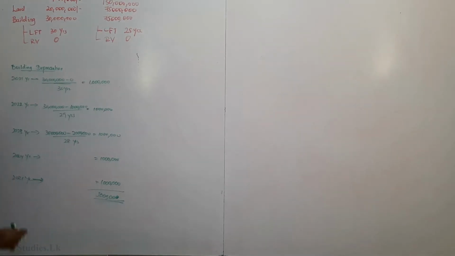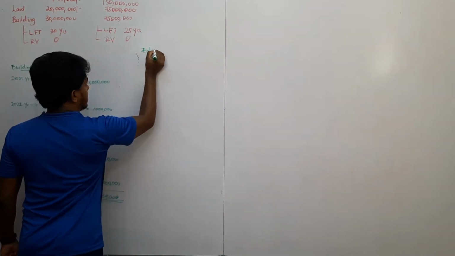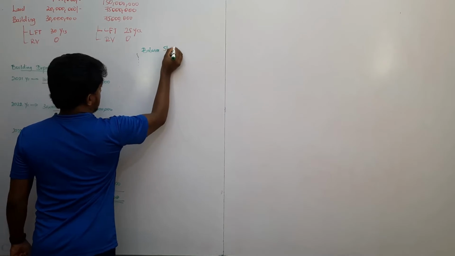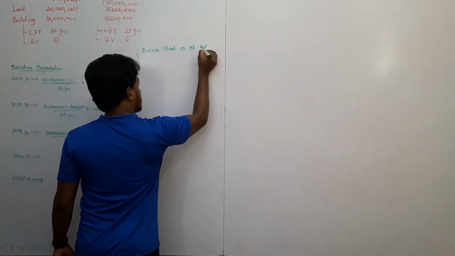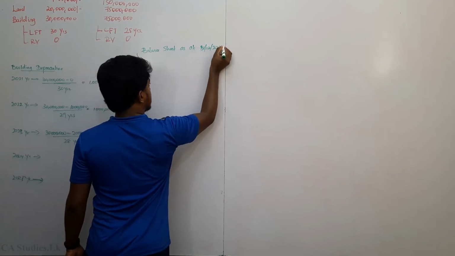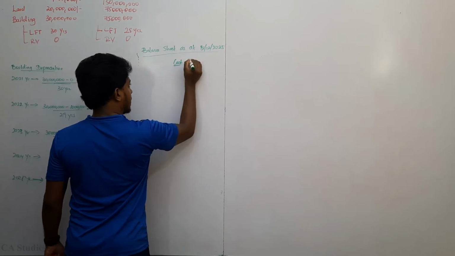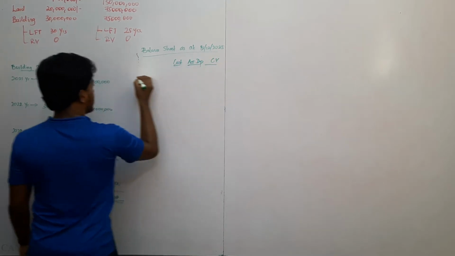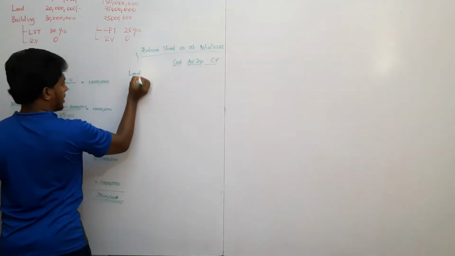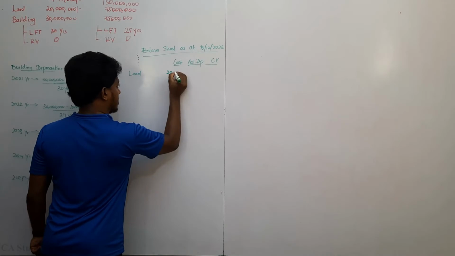So I will prepare the 2025 balance sheet only. Balance sheet as at 31st December 2025. Cost, accumulated depreciation, carrying value. Land is how much? 20 million.